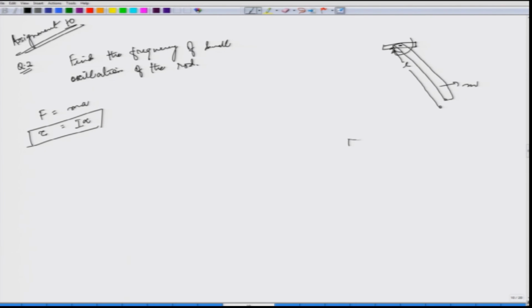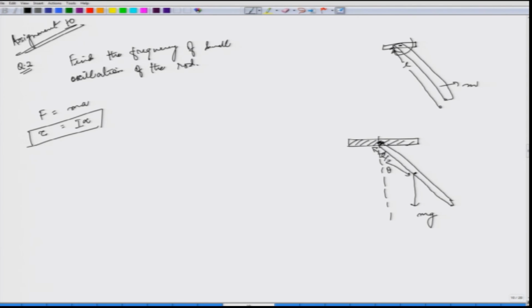So, let me draw the diagram a little bit more carefully. This is my support, and let us say this is my rod. Its center of mass will lie somewhere here and the force mg will act here. The length from here to here is L by 2, and let us suppose that it oscillates making an angle theta.